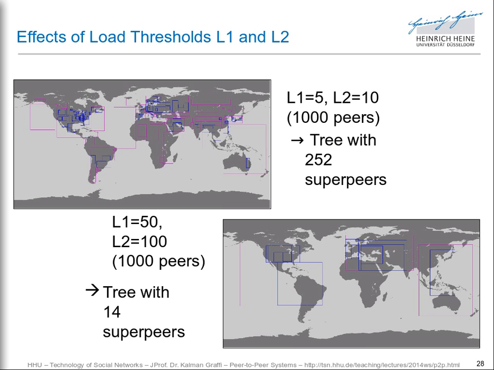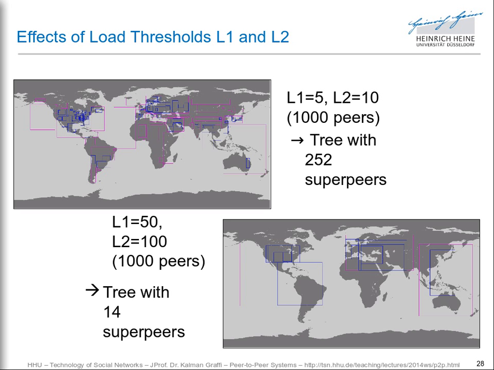Okay, here we have some other examples for different thresholds with 1000 peers, which are distributed throughout the Earth, respecting population density. In the first image, the upper one, we have the L1 threshold set to 5 and L2 set to 10. So a node is overloaded if it maintains 10 nodes.